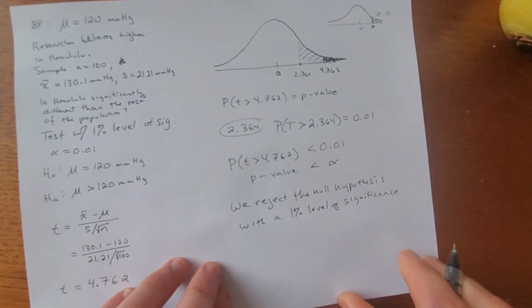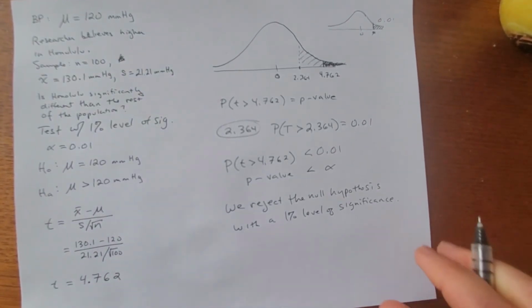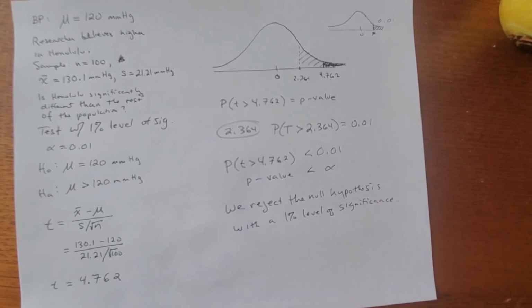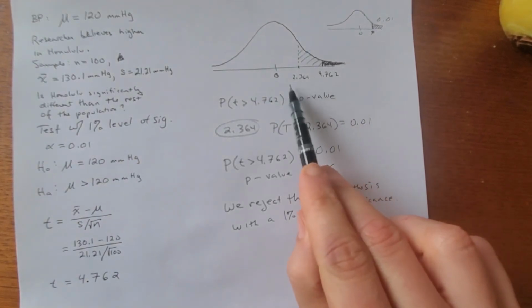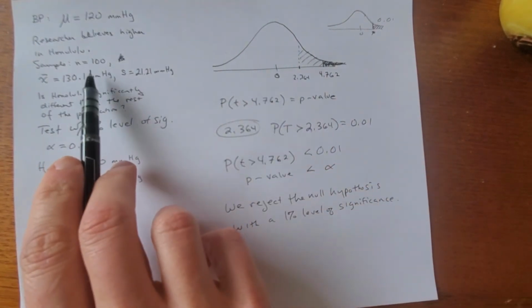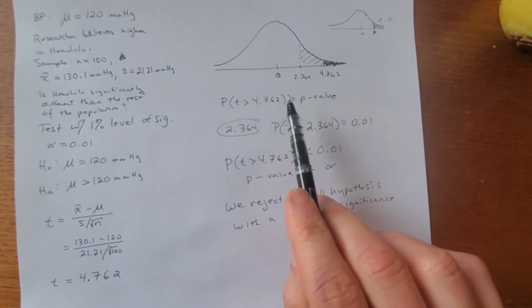Okay, so this is the kind of test we do when we're testing a population mean, but we don't know the population standard deviation. I also want to note, I mentioned that I was using an approximation since we wanted 99 degrees of freedom, but the table I was using only had 100.